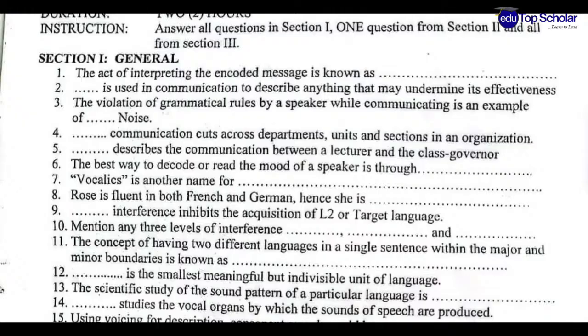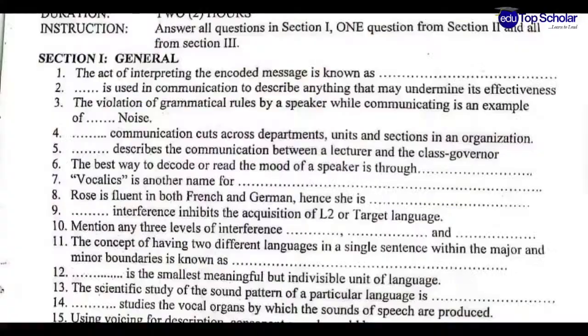Verbal is when you use oral or written. Oral is when you use your sound, and written is when you use letters and symbols to communicate. But non-verbal is when you use any other thing to communicate, maybe your body, facial expression, body movement, posture, color, time, and so on to communicate.